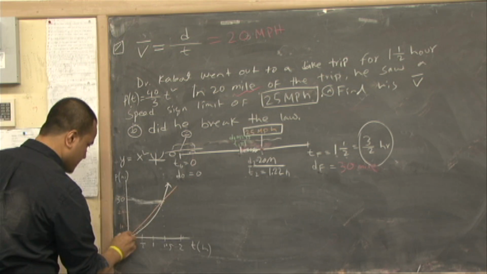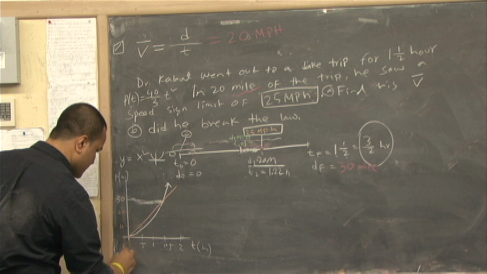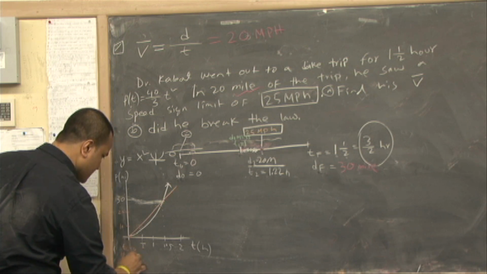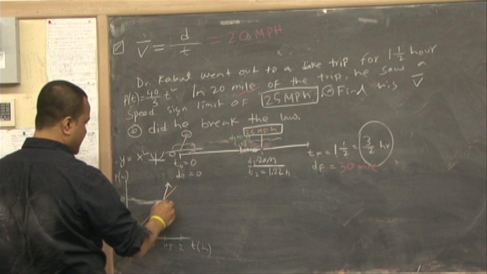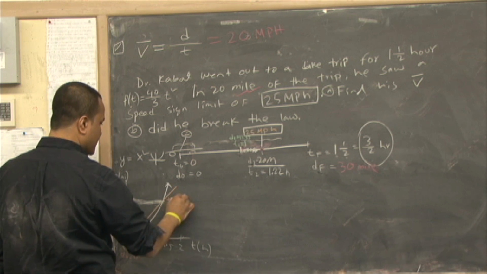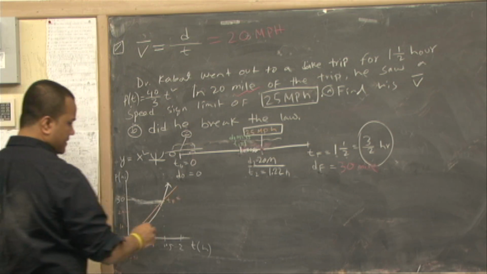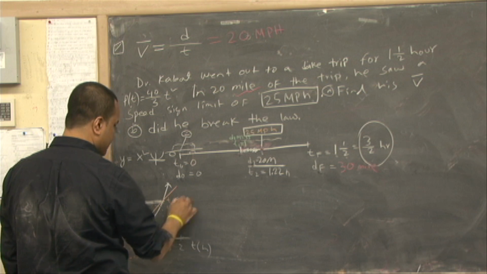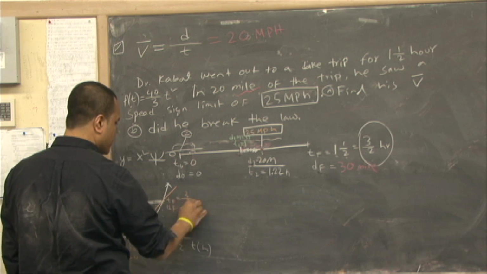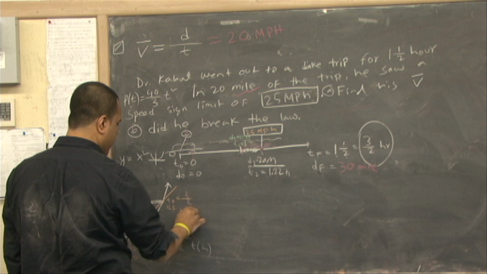So this one is t naught, d naught, where t naught is 0 and d naught is 0, and this is t final and d final. T final is 3 over 2 and d final is 30 miles.